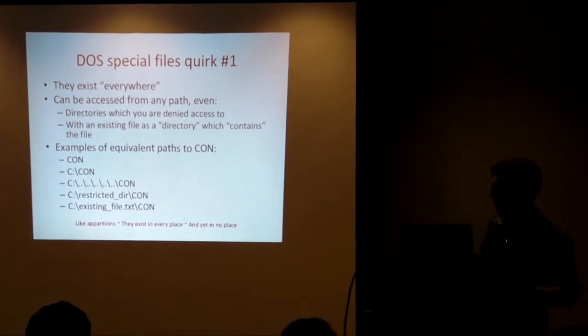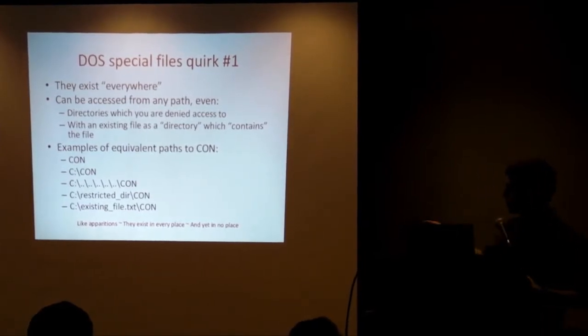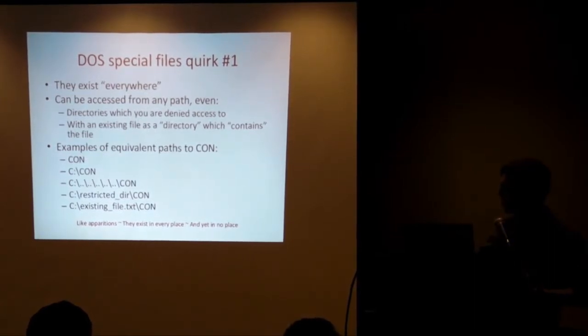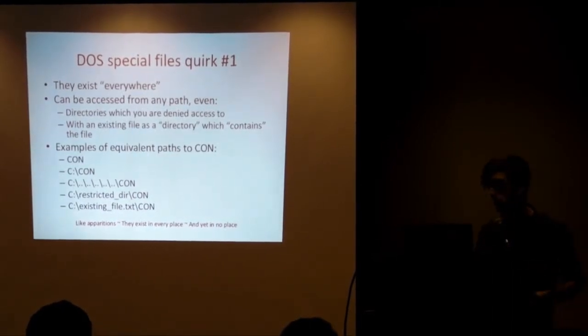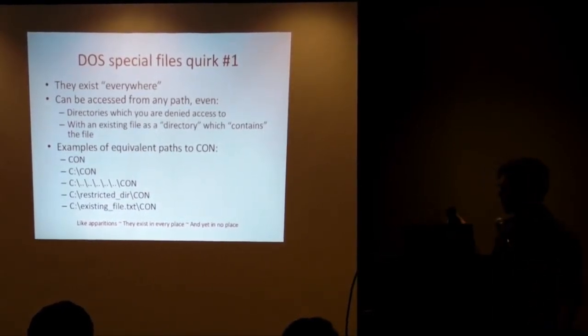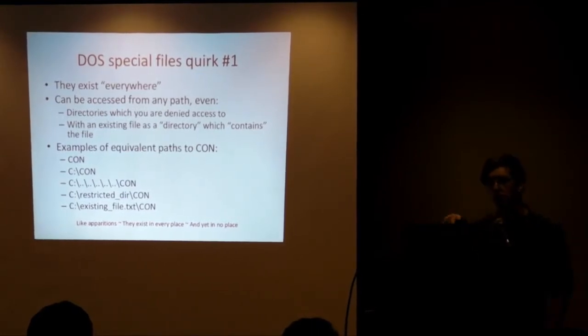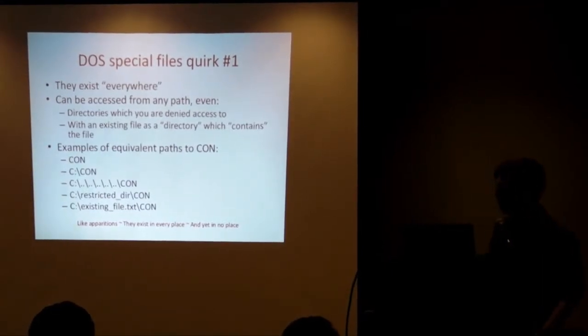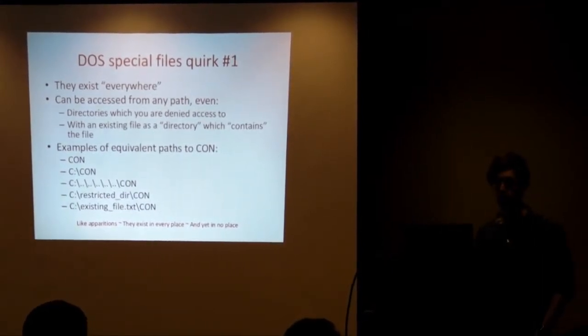So if we request con by itself, or with an absolute path, or with a relative path, or if we request it from some directory, even one that we don't have access to, or most interestingly, if the path resolves even as a file up to the point where we add a slash and a device file name, it still resolves to the same device.